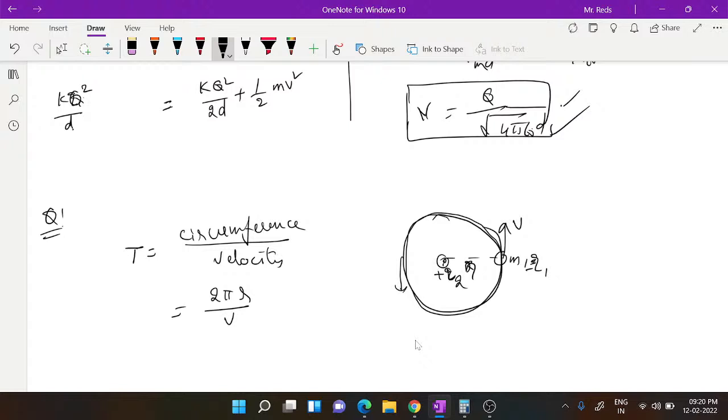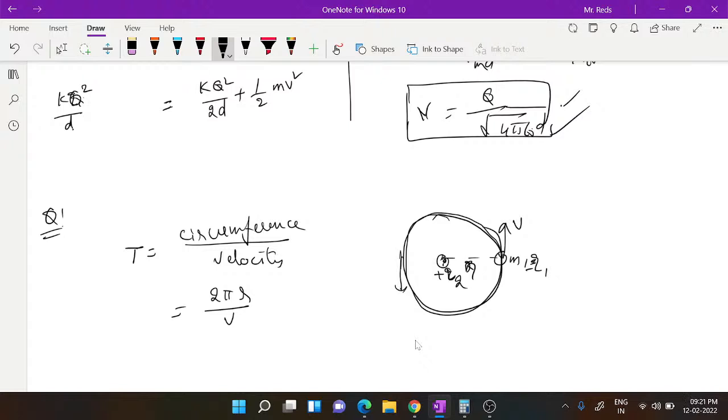The energy it possesses will be potential energy if it is fixed at a point at a distance, and when it is moving with some kinetic energy, the kinetic energy will equal the potential energy.